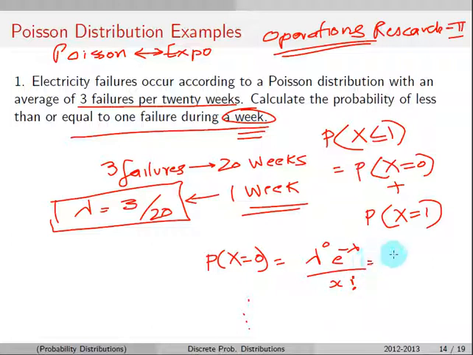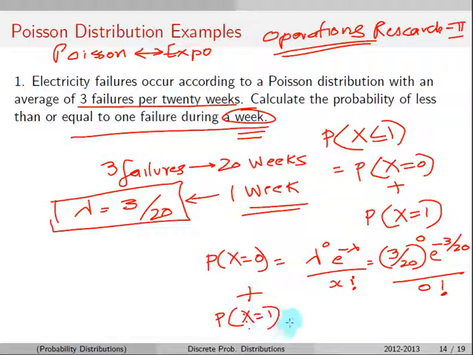Or in other words, lambda is nothing but 3 divided by 20, raised to 0, times e raised to negative 3 divided by 20, divided by 0 factorial, plus the probability that x equals 1, which is nothing but lambda raised to 1 times e raised to negative lambda divided by 1 factorial, which is nothing but 3 over 20 times e raised to negative 3 over 20, divided by 1 factorial.